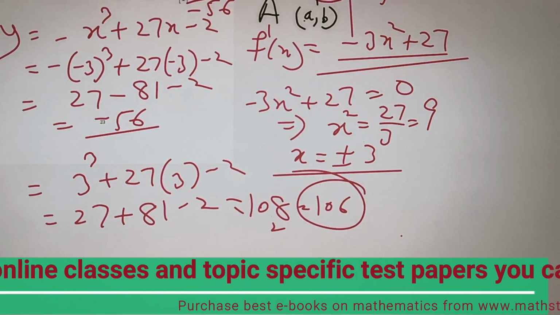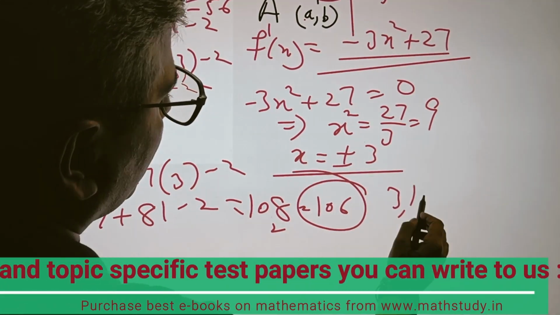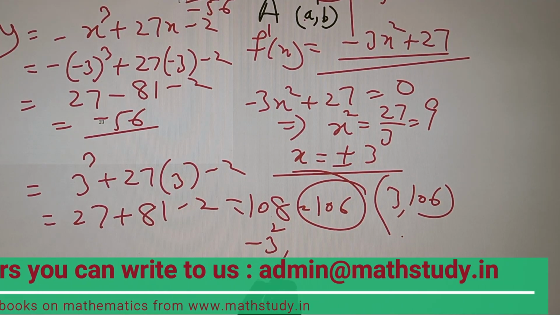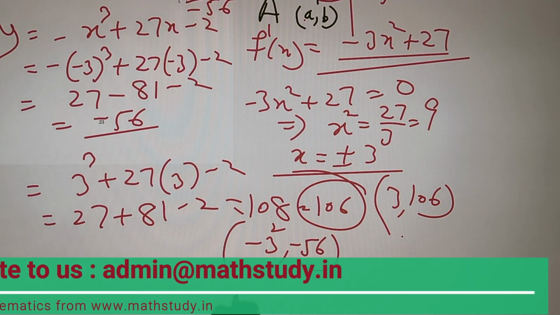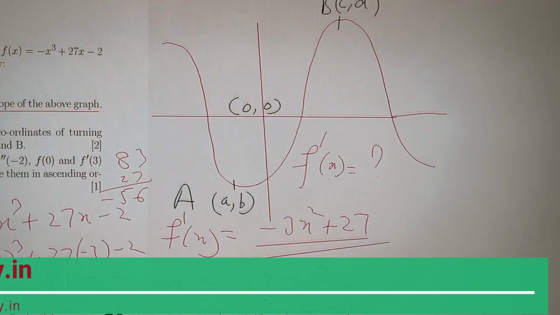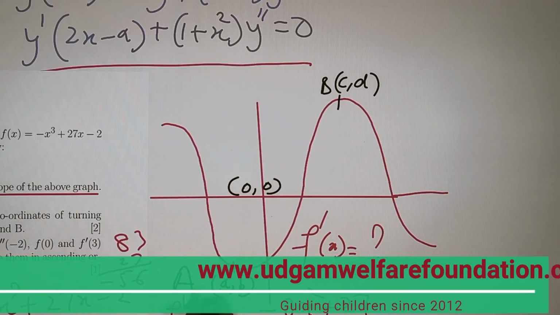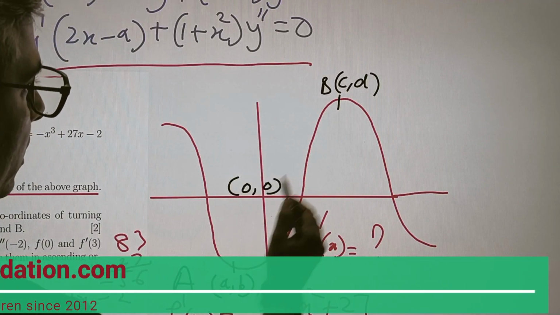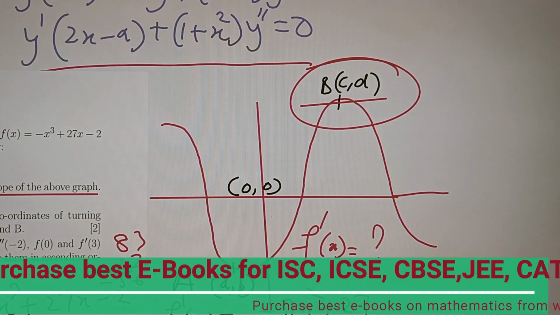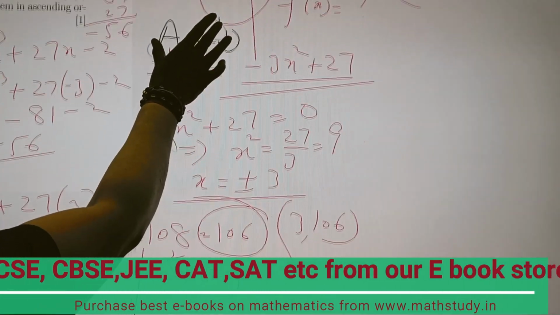So our coordinates are 3, 106, and another coordinate is minus 3 and minus 56. Hence we were able to find the values a comma b and c comma d. C comma d we have already found because this is the first quadrant and we are getting positive values of x and y. So we got our values here.